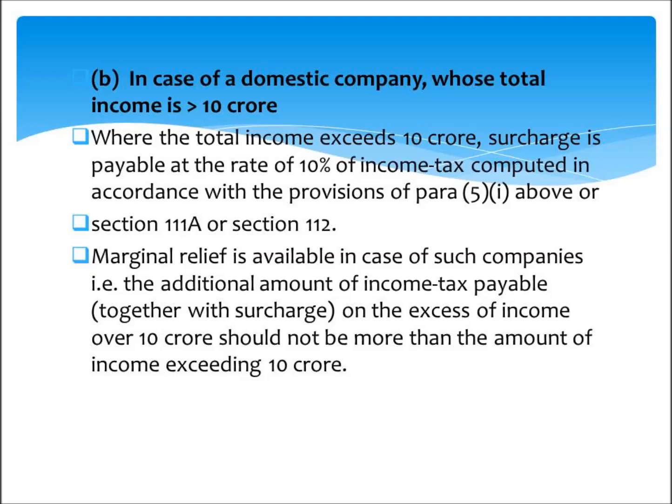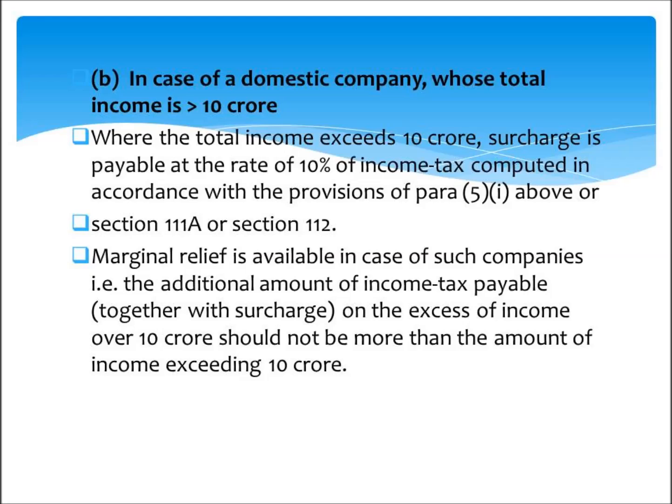Here also now the concept of marginal relief comes. We have done the concept of marginal relief in case of income exceeding 1 crore and less than 10 crore. In the same way, the concept will also apply in the cases where the income is above 10 crore. The procedure will be the same.